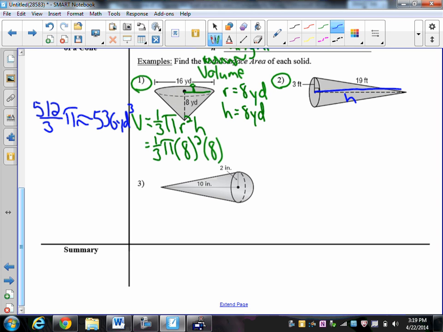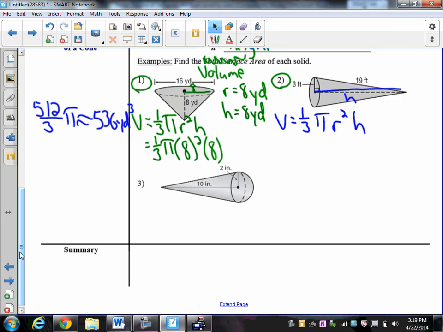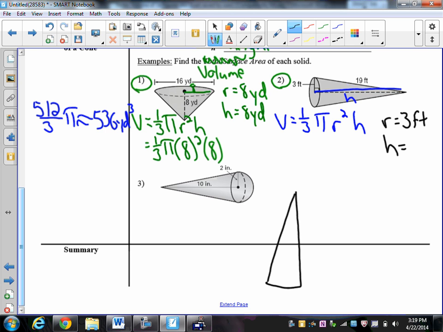We have the radius. So remember, the volume is equal to 1/3 pi r squared h. And right away, I know that the radius is 3 feet. I need to do a little bit of work to find the height. Again, I'm going to be using the Pythagorean theorem. I have 3 as the bottom of a right triangle, or the base, and 19 is the hypotenuse.